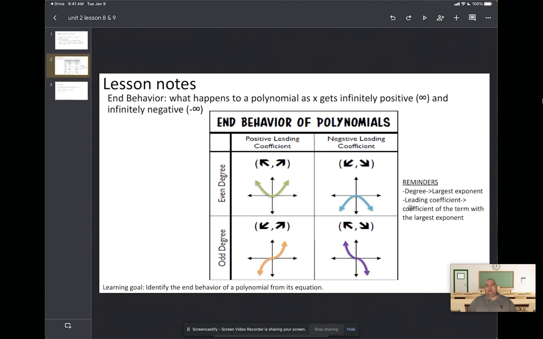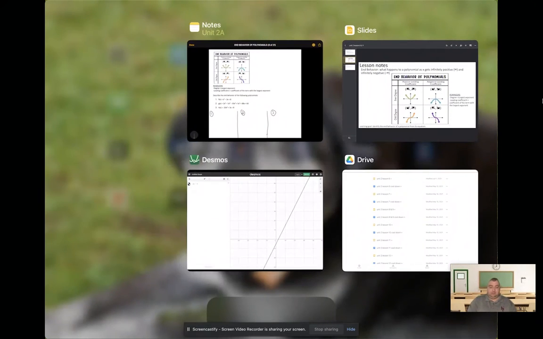Remember, the leading coefficient is the coefficient of the term with the largest exponent. So if you know the degree and the leading coefficient, you can figure out the end behavior. Now, to show you how this table works, let's take a look at the examples.